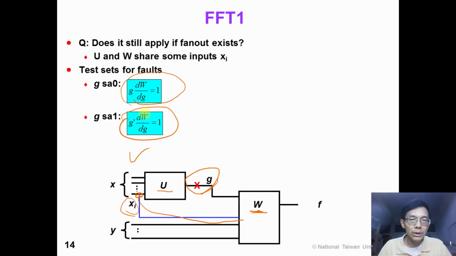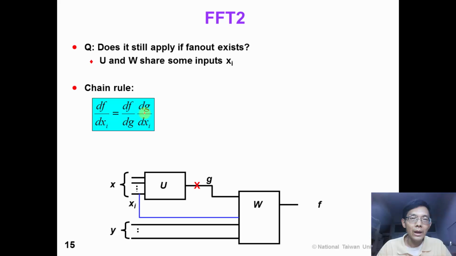Is there any problem? FFT number 2. This is the same circuit where xi is shared by both function u and w. Can we still apply the chain rule where df over dxi is equal to df over dg times dg over dxi?